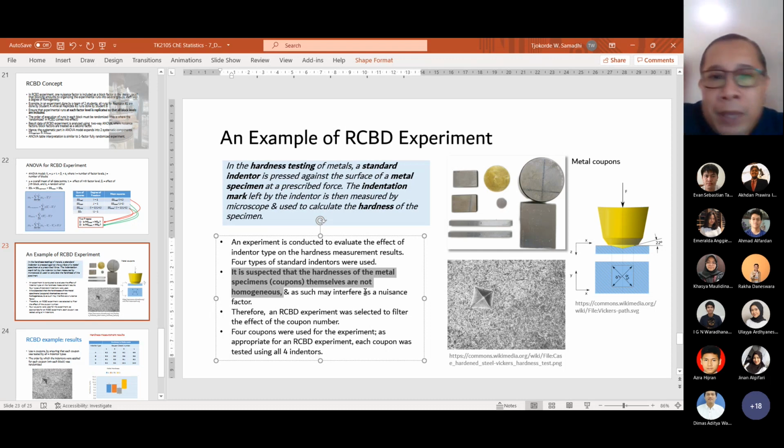From one piece of specimen to the other, we suspect that there are variations in the hardness of the specimen itself. So if we don't filter out the effect of this sample hardness variation, they may interfere as nuisance factor.